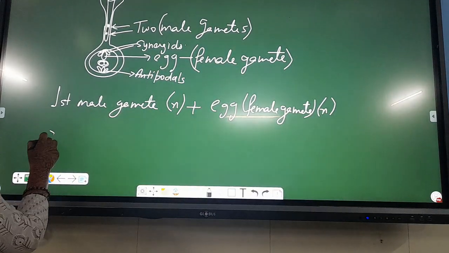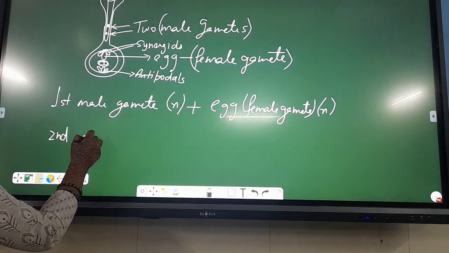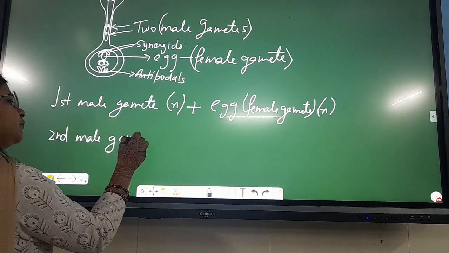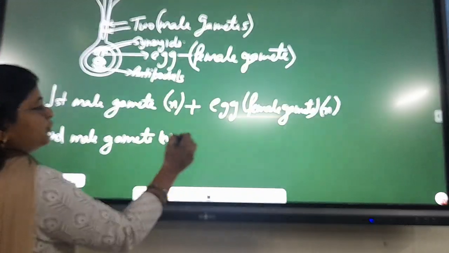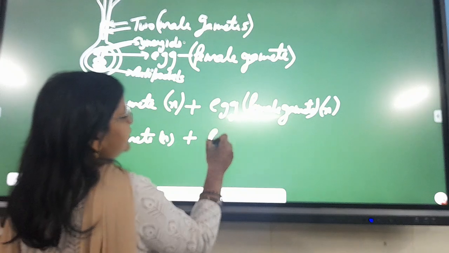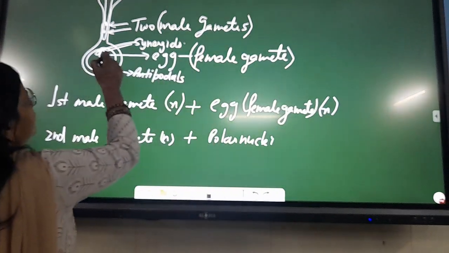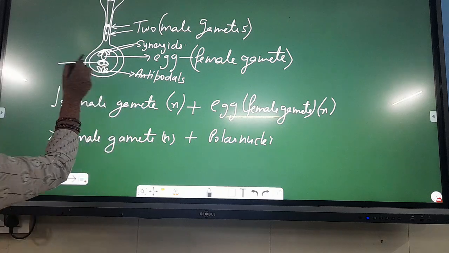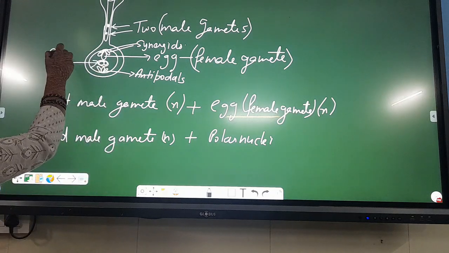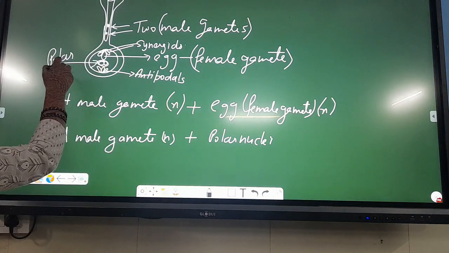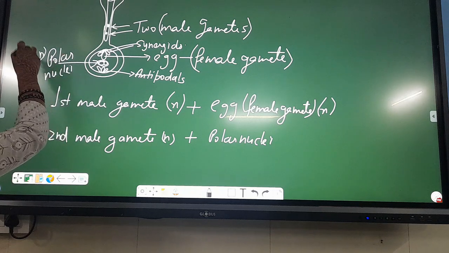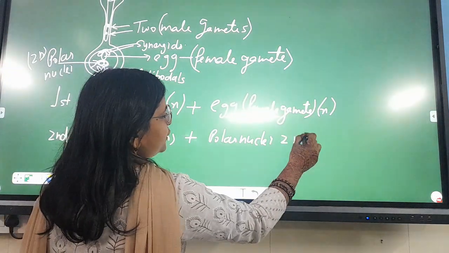And the second male gamete, which is haploid, fuses with the polar nuclei, which is itself 2n.